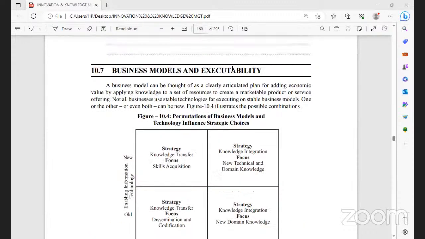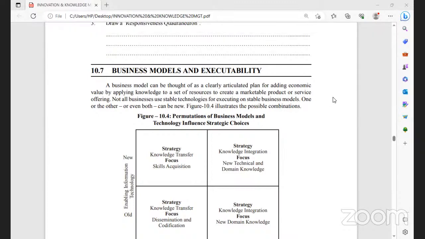A business model can be thought of as a clearly articulated plan for adding economic value by applying knowledge to a set of resources to create a marketable product or service offering. Not all businesses use stable technologies for executing stable business models. One or the other, or even both, can be new.